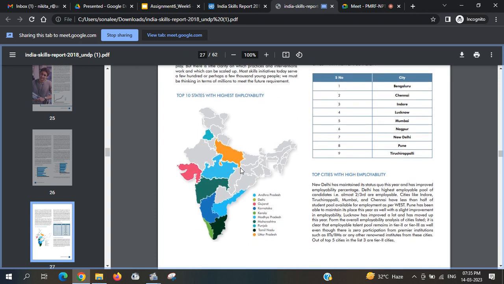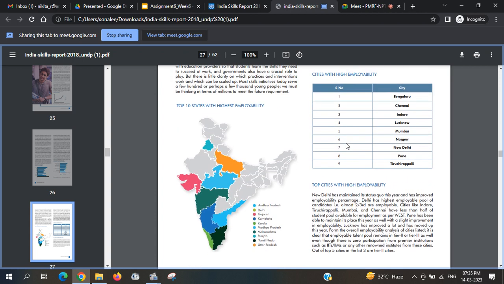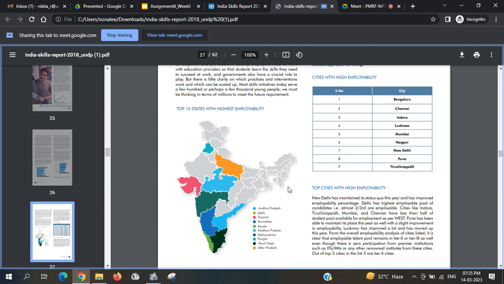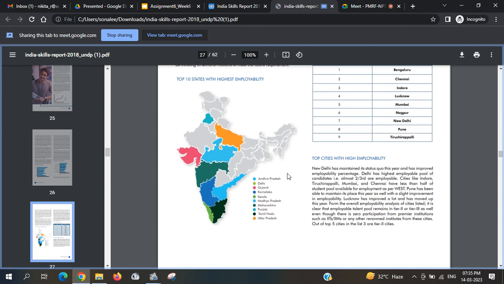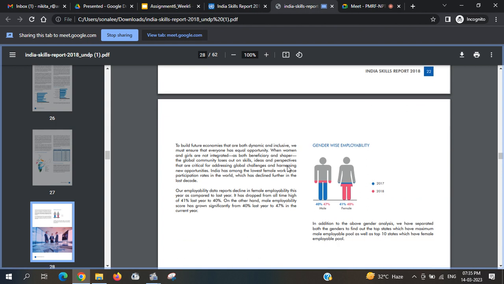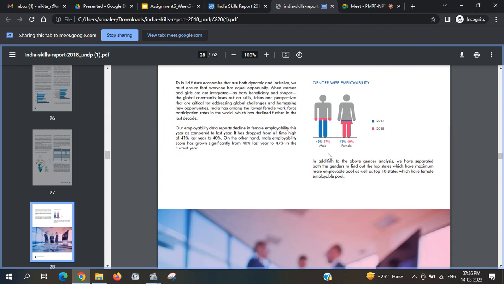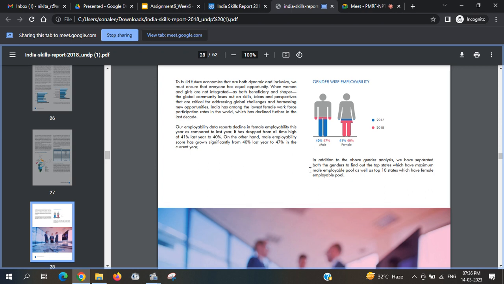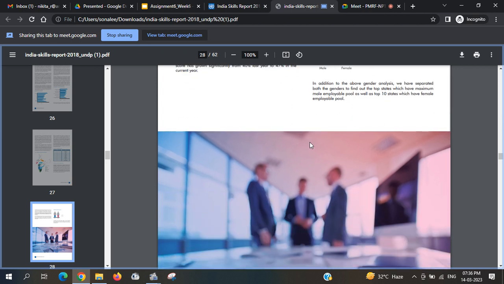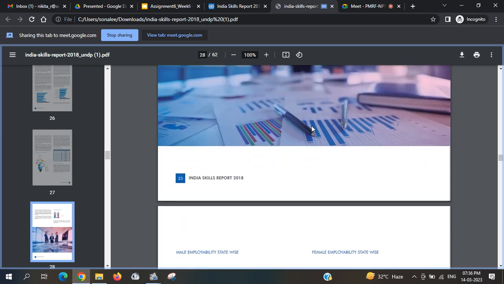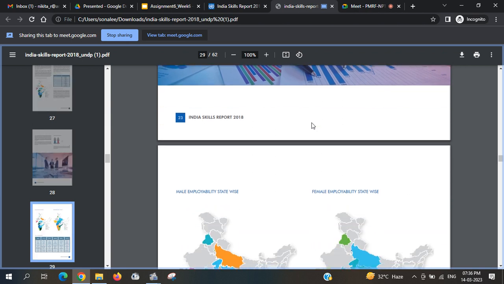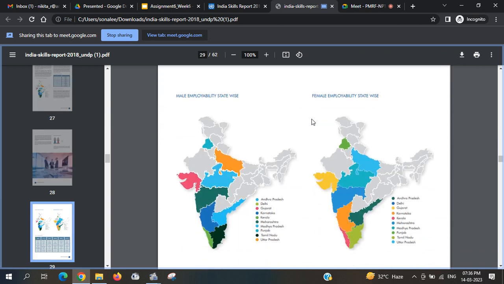And then this is the state wise and city wise top 10 states and cities with high employability, which is mentioned here as we just saw. Then it also shows you a little bit about gender wise employability, how gendered the employability is in terms of skills and other factors in India.